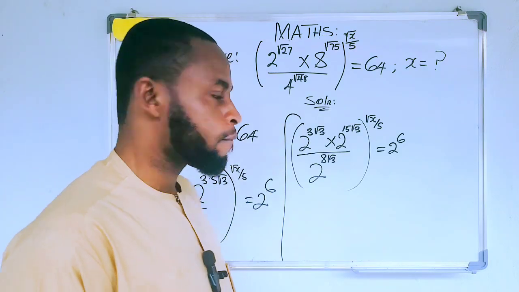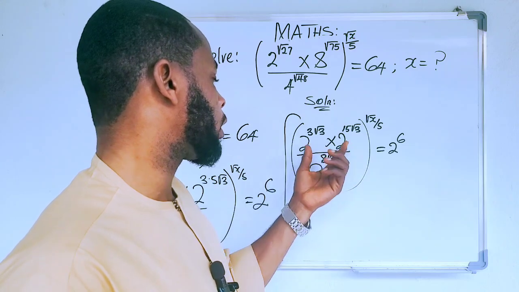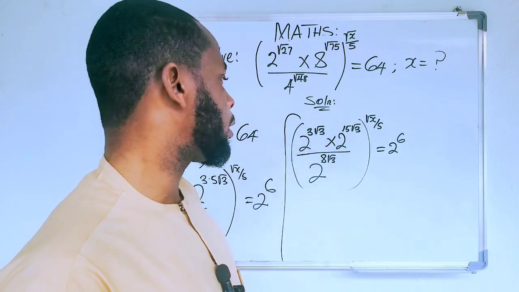Here, we are going to apply laws of indices. We have multiplication and the same base, so we add up the powers.